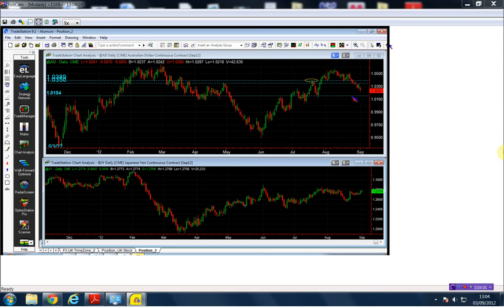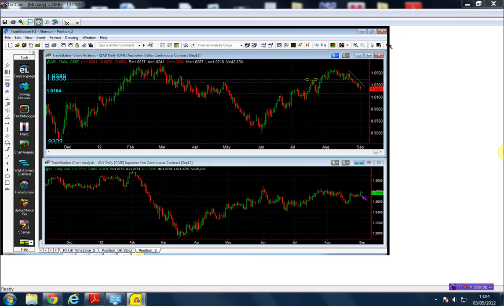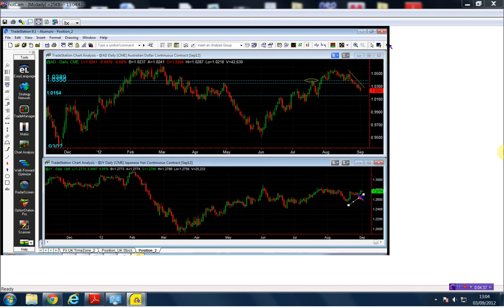So if I wanted to choose a pair, just by looking at this chart, you can see that the Australian dollar in general is coming down, and you can see that the Japanese yen is kind of going up a little bit, and it's been moving sideways for the last several days.